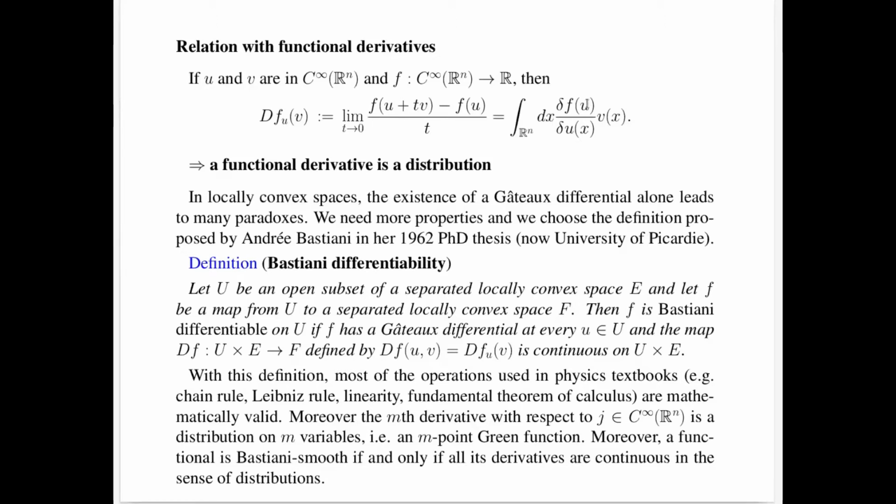Now, this definition is not enough, in the sense that if we have only the existence of such a Gateaux differential, then many crazy things will happen. So one of the first works done by Kasia Reisner was to add some hypotheses that are necessary to get usable functional derivatives.